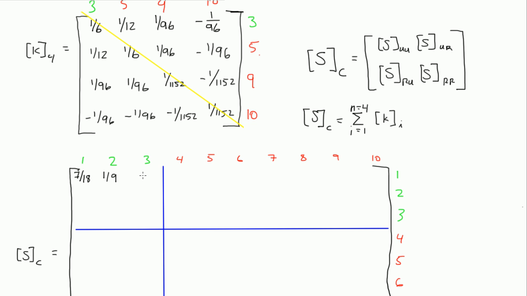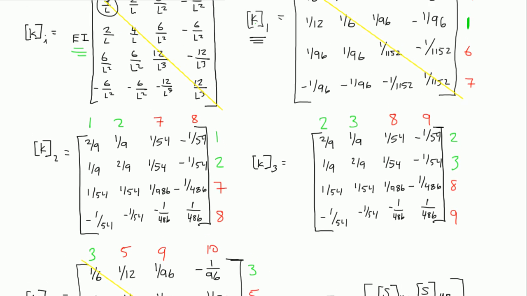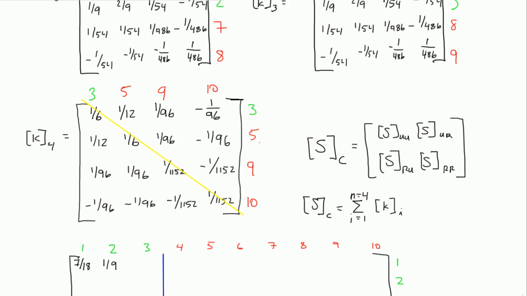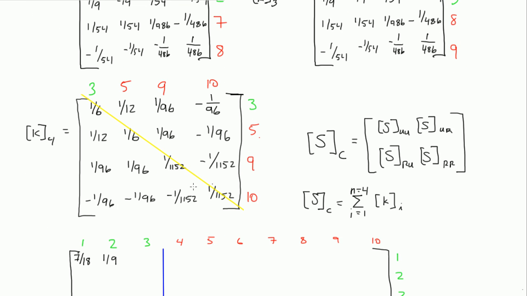1, 3 is this location right here. So we look at 1, 3. We start with matrix 1, stiffness, right? K1. Is there a 1, 3 here? No. For number 2, is there a 1, 3 here? No. For number 3, is there a 1, 3 here? No. And K sub 4, again, is there a 1, 3 here?